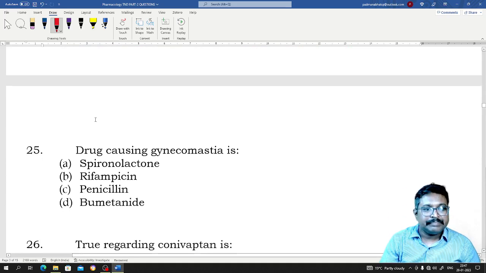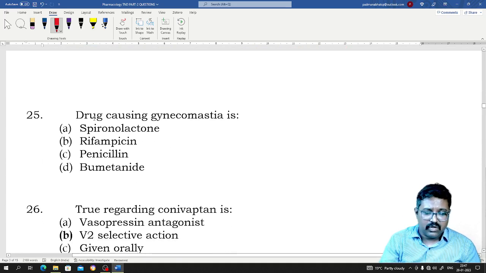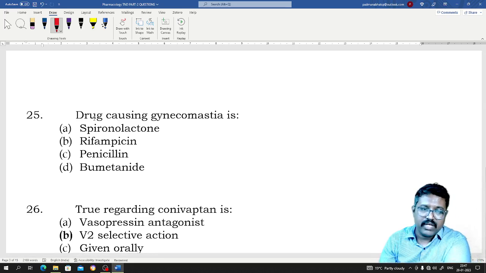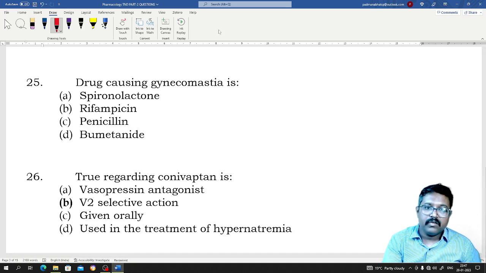Okay, fine. So what are the drugs which are causing the gynecomastia? So please, one has to remember the causes of gynecomastia. So this can be remembered in the form of mnemonic, that is DISCO. So D stands for digitalis.